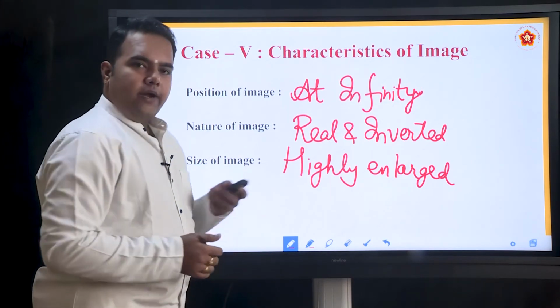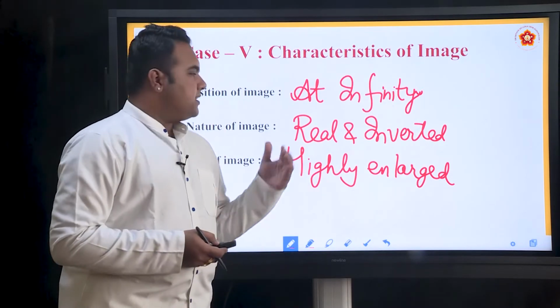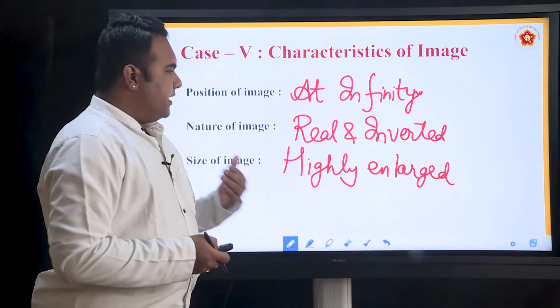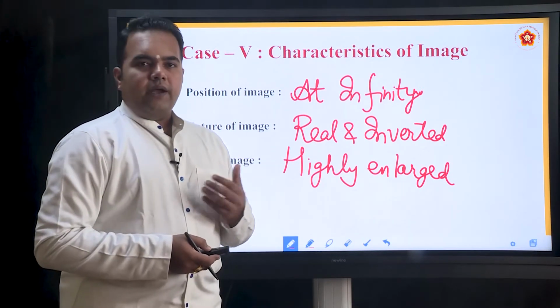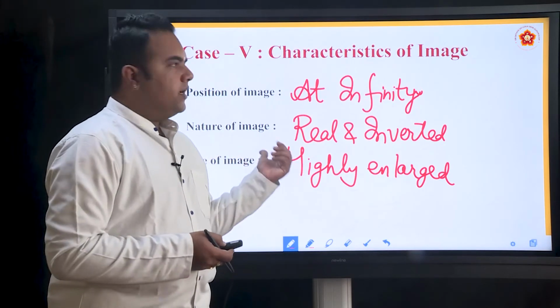image is quite enlarged. And this is what exactly happens when we stand in front of a concave mirror and we are situated exactly at the focus of the mirror, and then we see our image is quite enlarged and we look inverted.